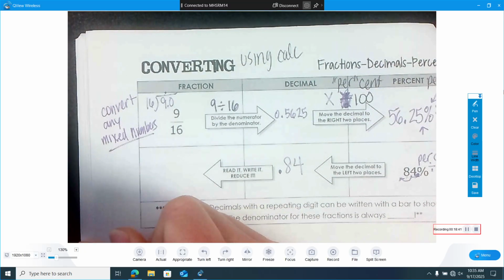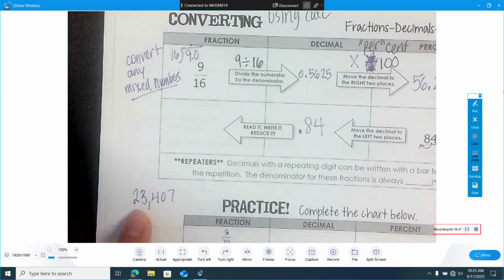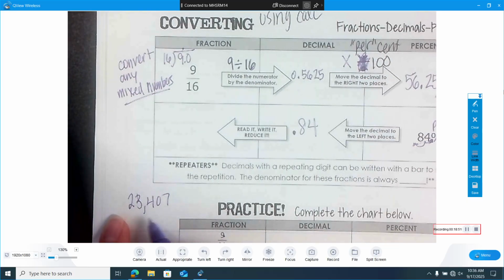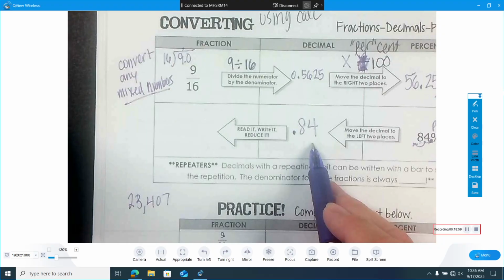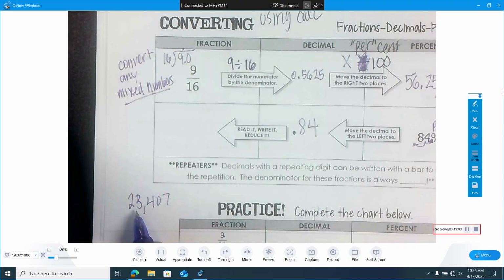So you know how, if I gave you 23,407, okay, I could just say 23,407, but this has a long name. If I were to use its proper name to say this, what would you say, Easton? Oh, what were you going to answer for that? 8,400. Yeah, it's like this is 23,407, right? So it has a really long name.